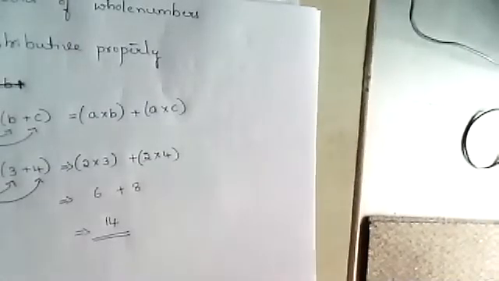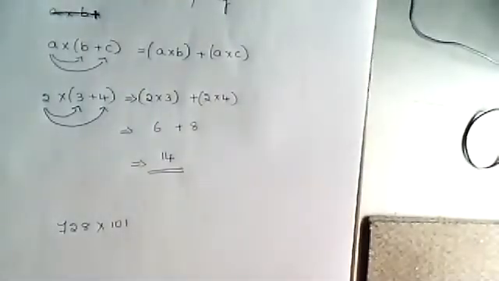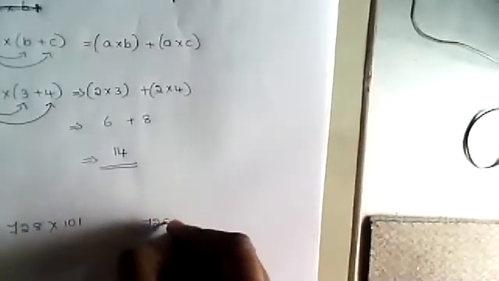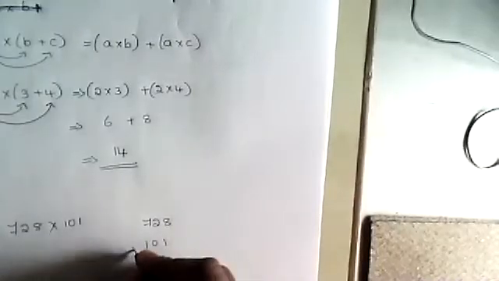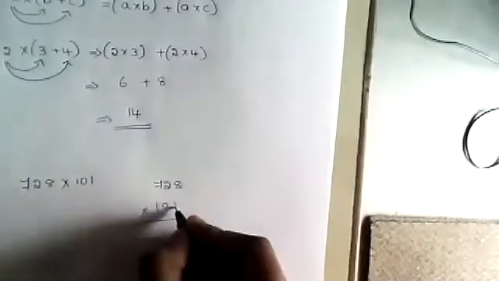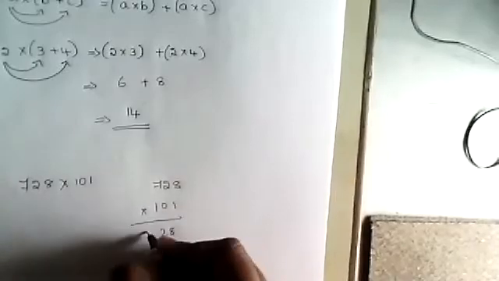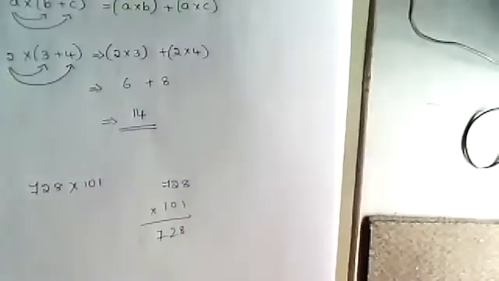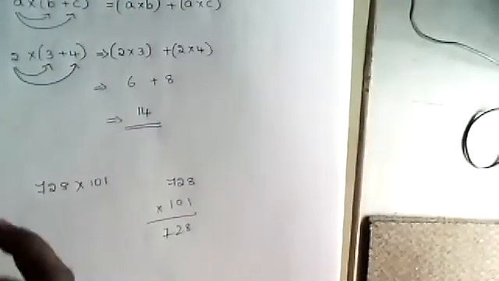So here I have 728 and 101. I have to multiply this. If you want to multiply using the traditional method, we will write like this and simplify, right? 1 8 is 8, 1 2 is 2, 1 7 is 7, like this. Otherwise, using the distributive property, we can simplify very easily.